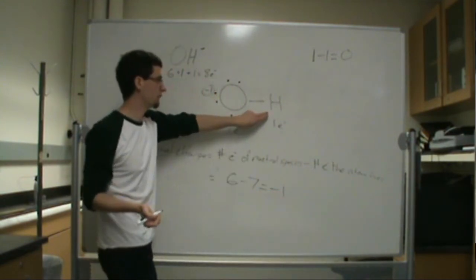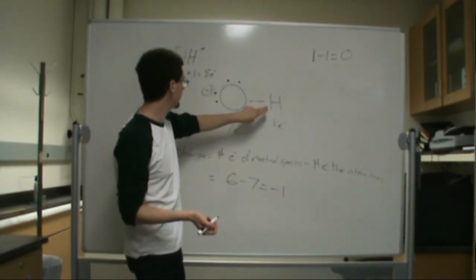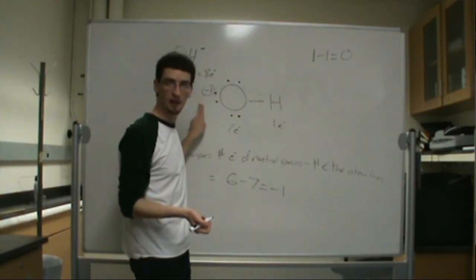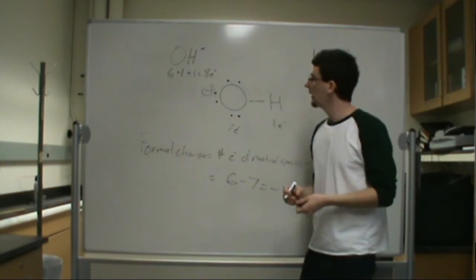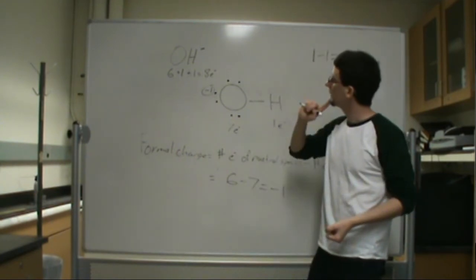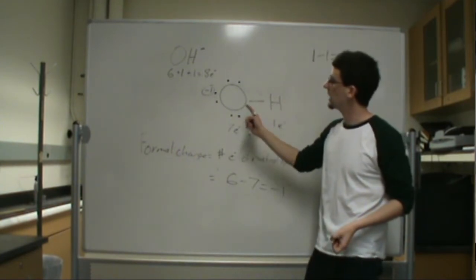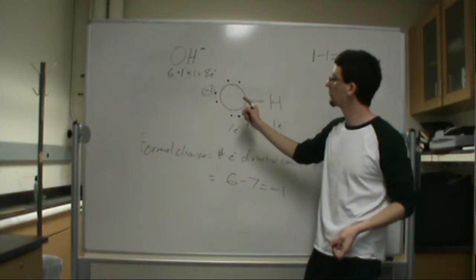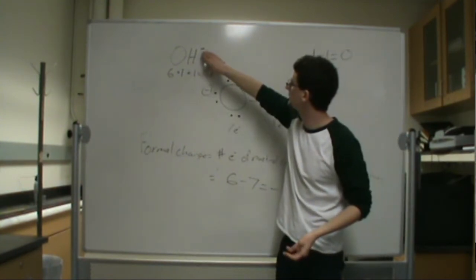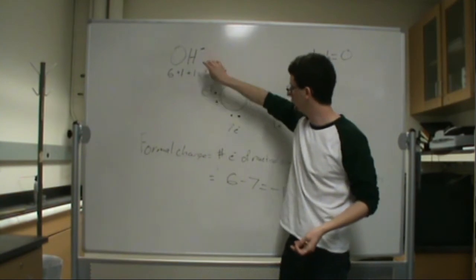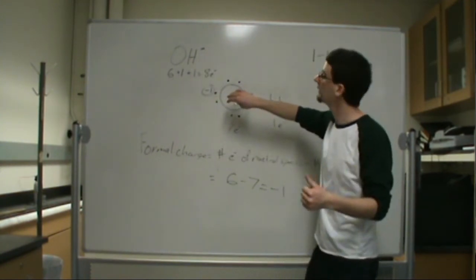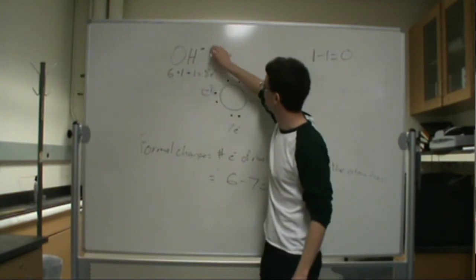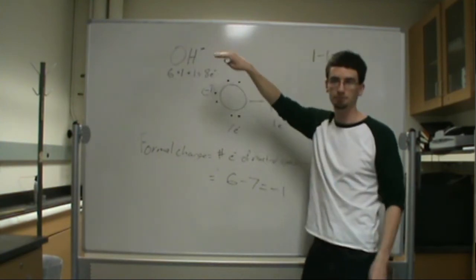So this end doesn't have a formal charge, but this end does. This end is negative. Now, we should make sure our formal charge adds up to whatever charge was determined up here. So if we look, there's an overall charge of -1, which is great because it matches up with our -1 charge over here. Perfect.